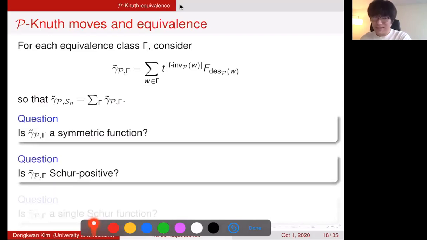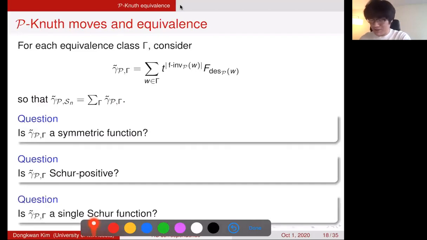If it is a symmetric function, is it Schur positive? It's not clear, definitely. Another question: if it is Schur positive, is it a single Schur function? If it's a usual order, then the answer is yes. But in our case, we'll see.